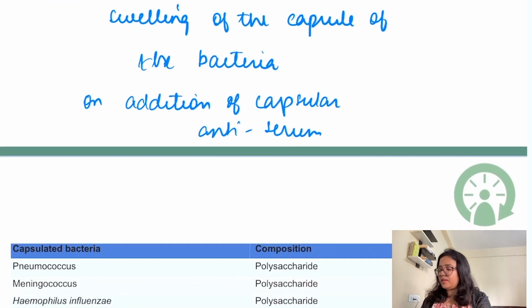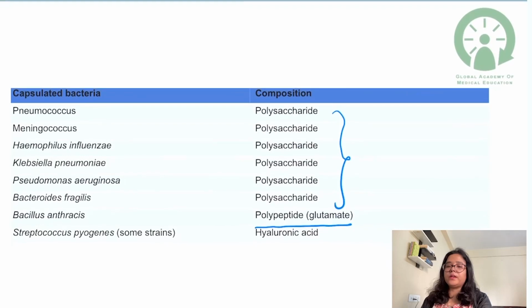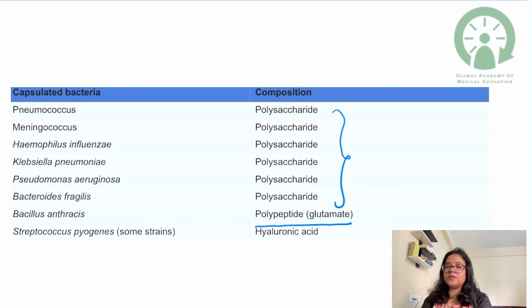Normally all bacteria produce a polysaccharide capsule, except Bacillus anthracis, which produces a polypeptide or glutamate capsule, and a hyaluronic acid capsule is there in some strains of Streptococcus pyogenes.